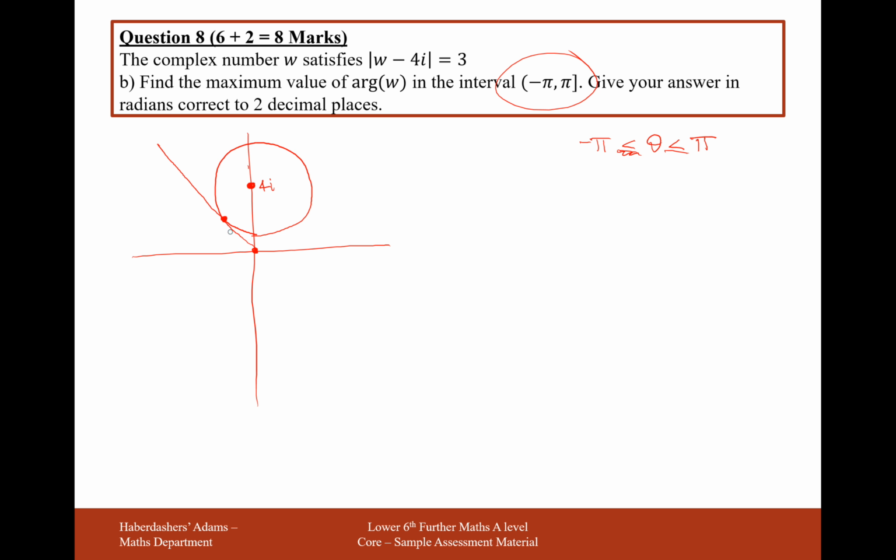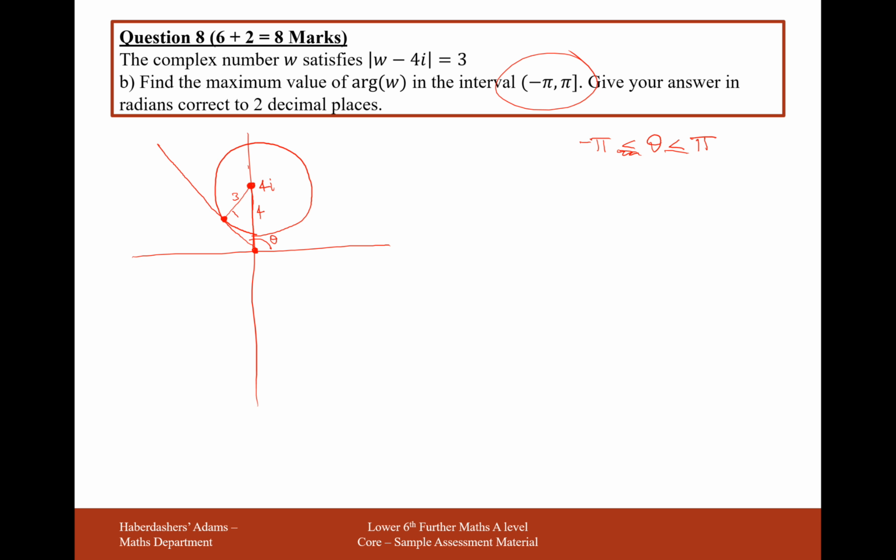So what we're going to do here is measure this angle round from here to here. So what I'm going to do then is we'll say that this length from here to here has a radius of 3, because its circle has a radius of 3. The distance from here to here has a length of 4, because it's 4i as a coordinate.